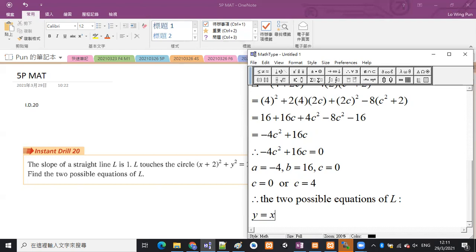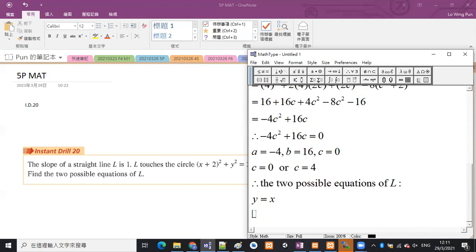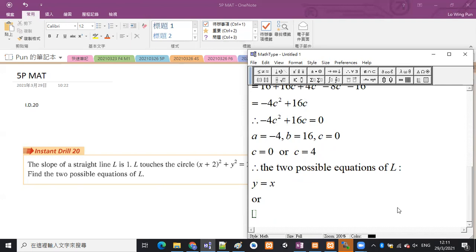So the first answer is y equals x. The second possible value of c is 4, so it should be y equals x plus 4. Can you get this?